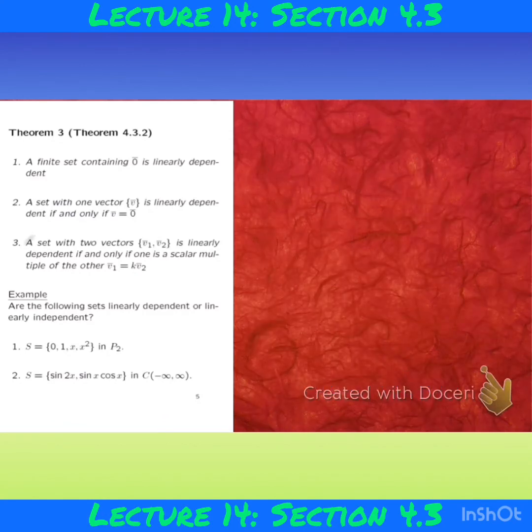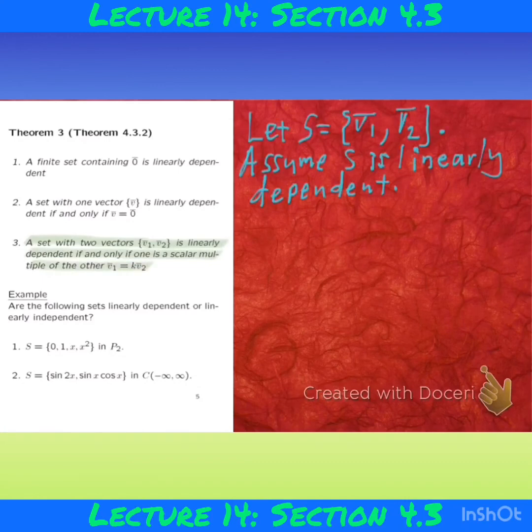Okay, so again, let's look at the third one. A set of two vectors is linearly dependent if and only if one is a scalar multiple of the other. So let S be V1, V2 and assume S is linearly dependent. Now we need to prove that one vector is a scalar multiple of the other vector.